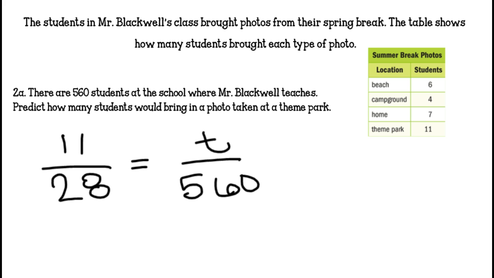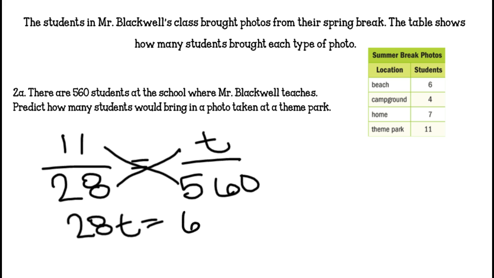Now I cross multiply, so I take 28 times T is 28T. And I take 11 times 560, and I'm going to have to use my calculator on that one. That gets me 6,160.